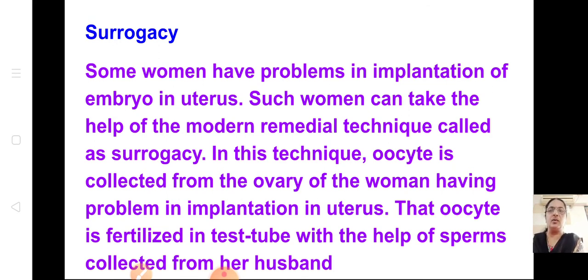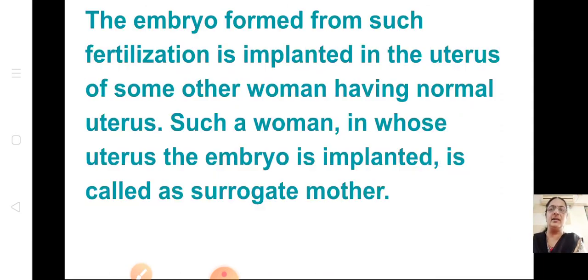In this technique, oocyte is collected from the ovary of the woman having problem in implantation in uterus. That oocyte is fertilized in a test tube with the help of sperms collected from her husband. Okay. So the oocyte is collected, taken in the test tube, fertilized with the sperms from her husband, and then the embryo formed from this fertilization is implanted in the uterus of some other woman having a normal uterus.